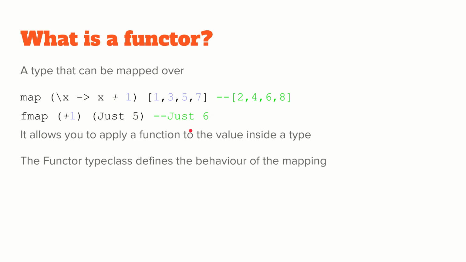And in Haskell, if you have a functor, you define the implementation for the functor, and that definition comes from a type class.